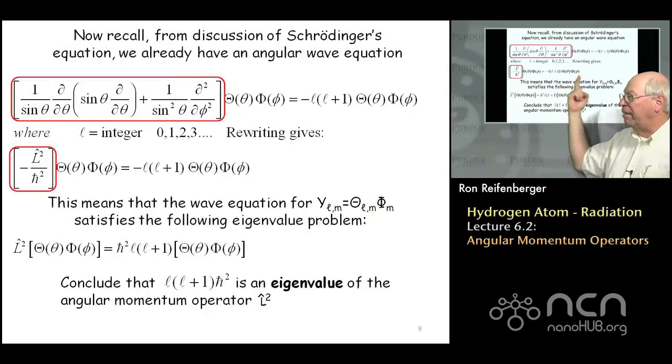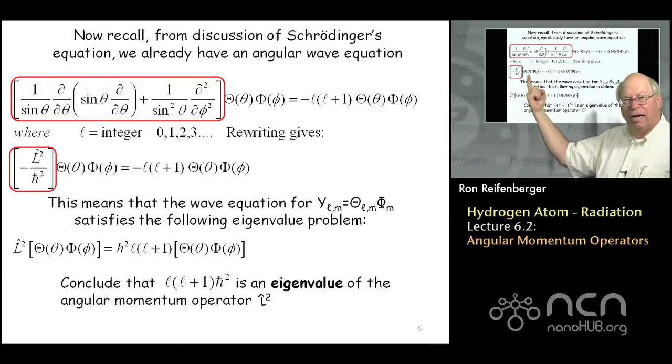And this rewrite basically tells you that this operator L squared times the theta and phi components of the wave functions is just equal to script L times L plus 1 times the wave functions back again.